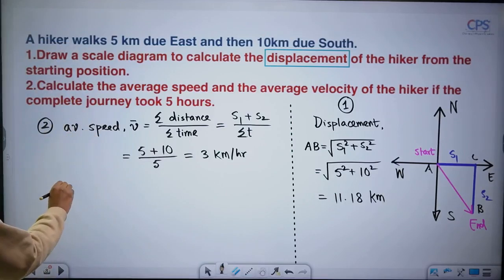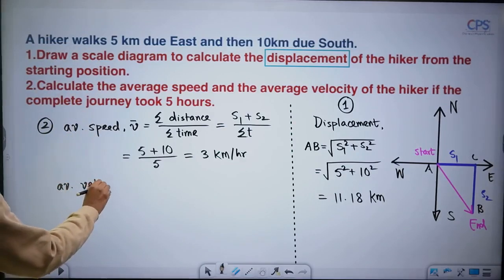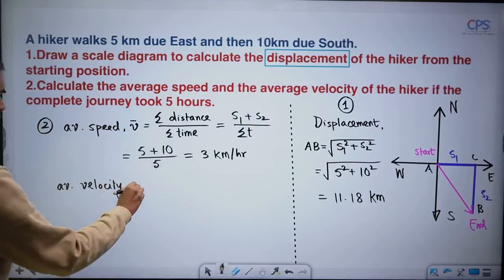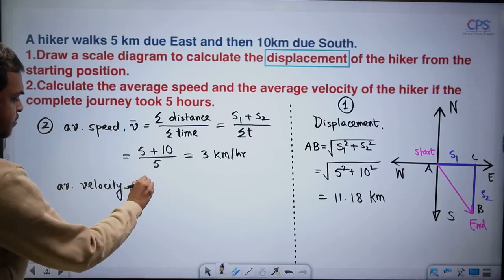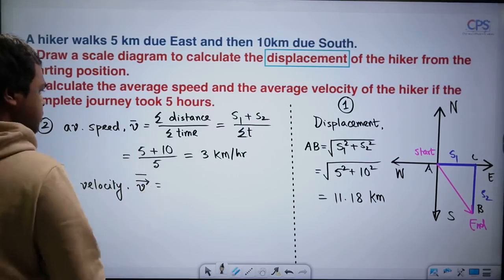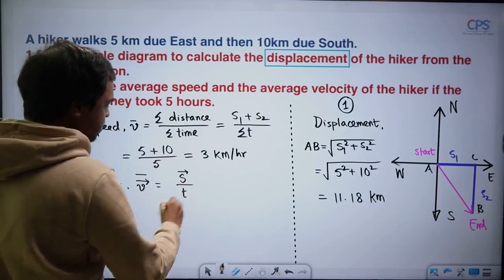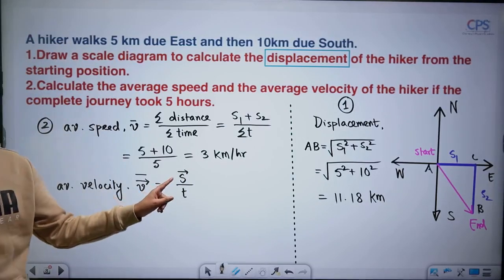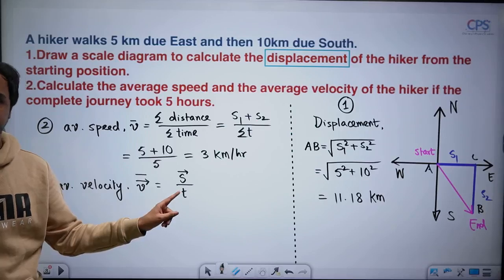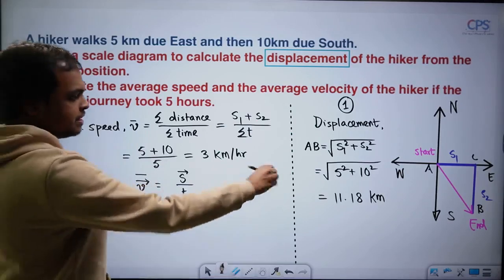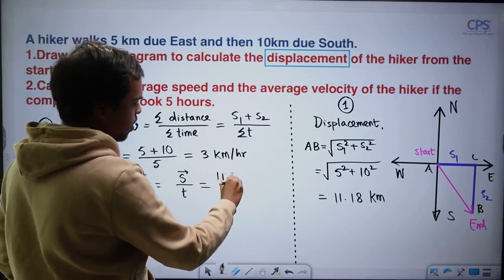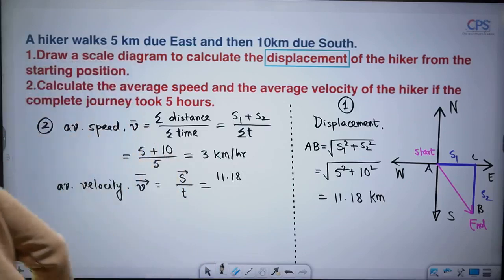Now average velocity. So velocity vector, and this is S by t, right? S means the displacement and t means time. How much is the displacement? Is it 11.18 or 5 root 5, was it?